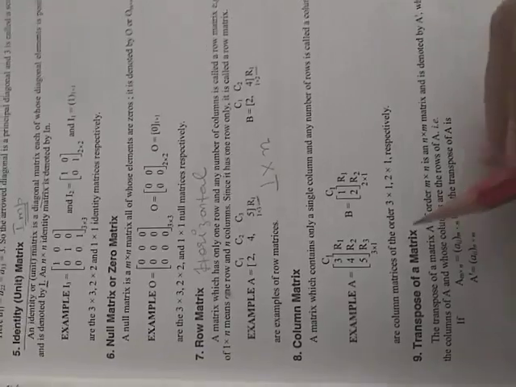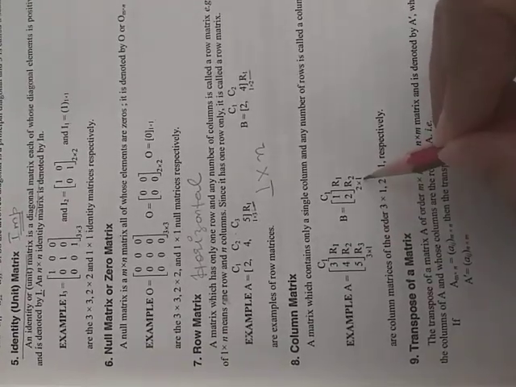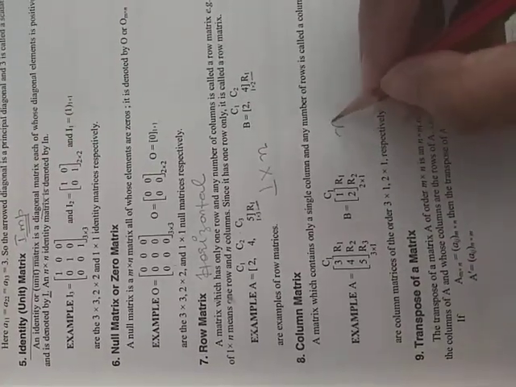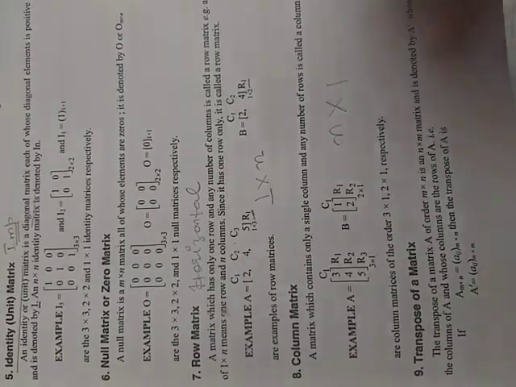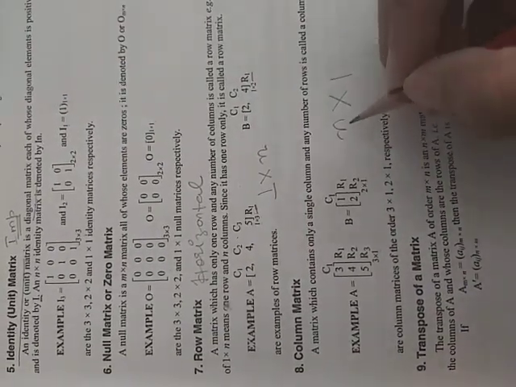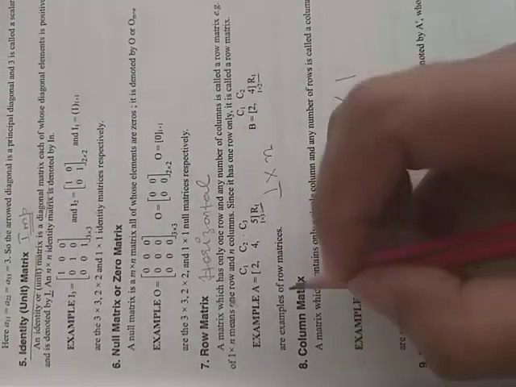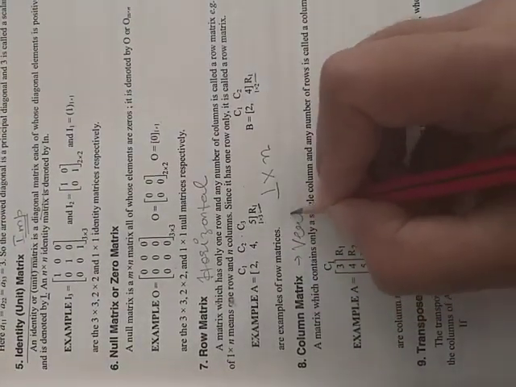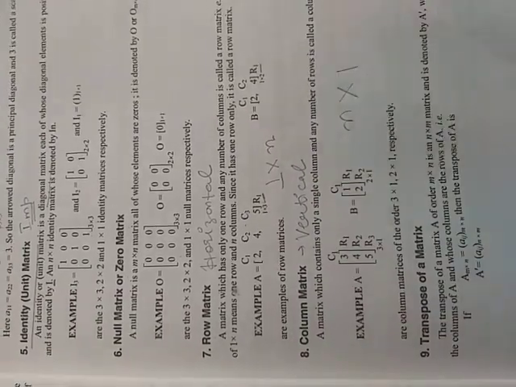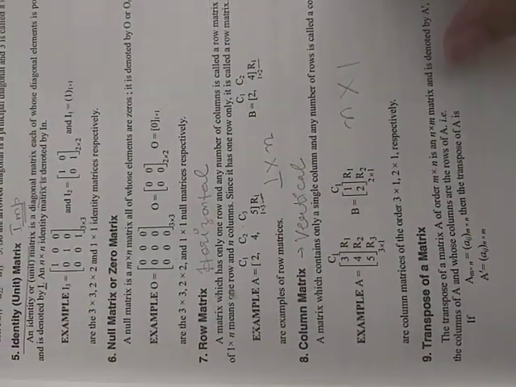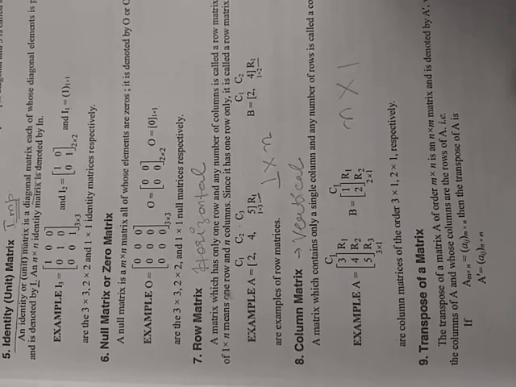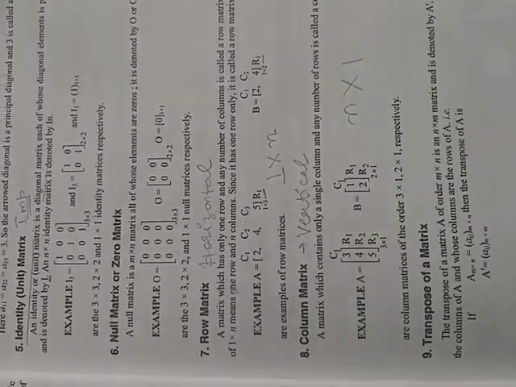Similarly, a column matrix is one in which there is only one column. There can be any number of rows, so it is n by 1. This becomes the column matrix, and it is also known as a vertical matrix. Clear?